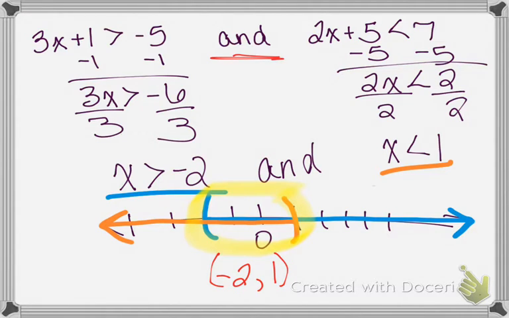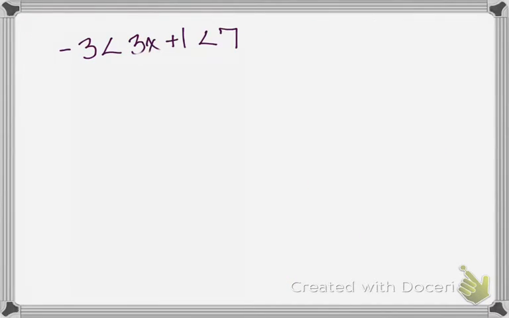Okay. This is a compound inequality using the word and. Very often it will look like this right here. It's also possible that you will see it look like this. So when you look at this, I want you to think about this as having 3 sides instead of 2 sides.